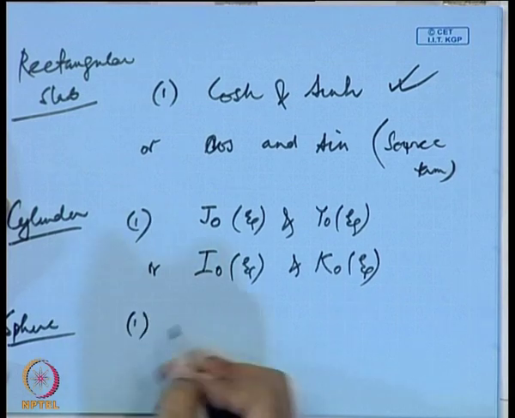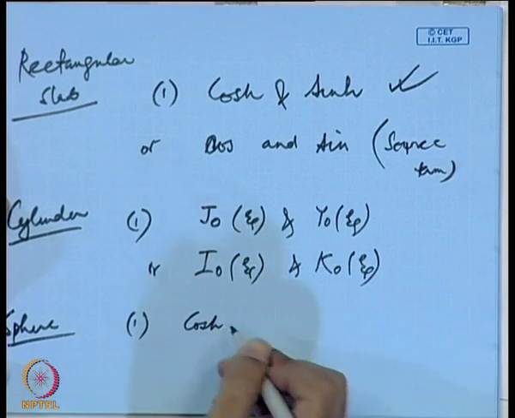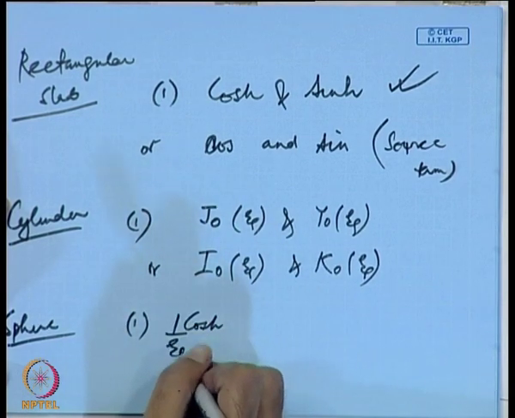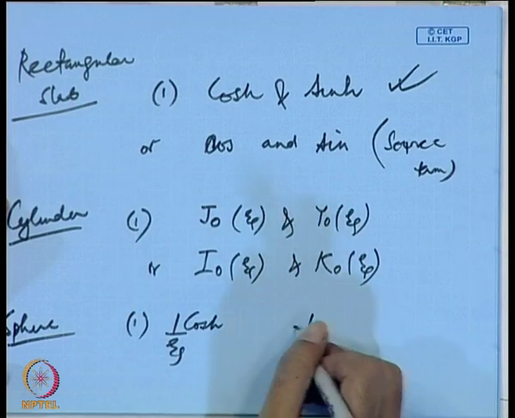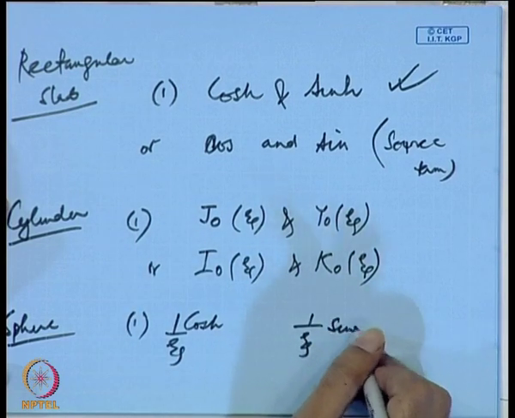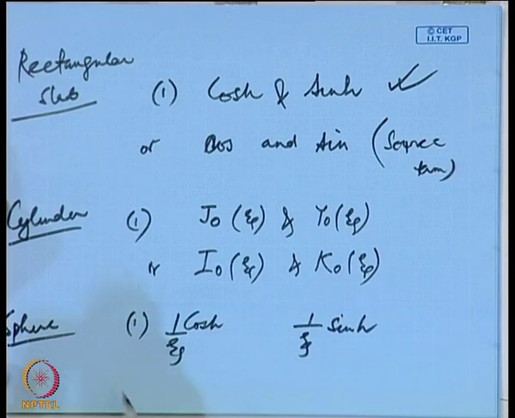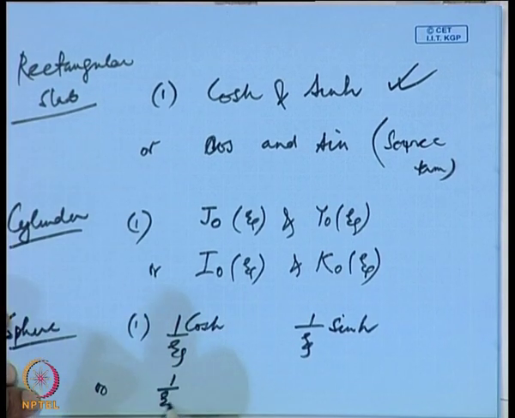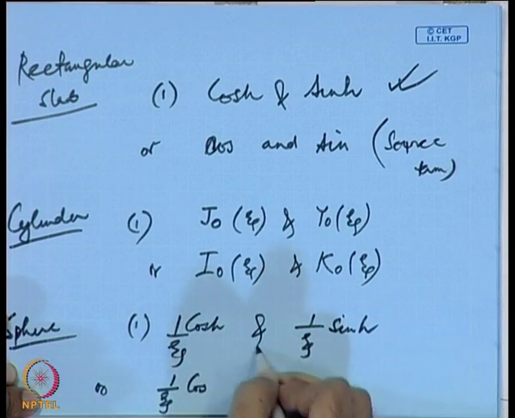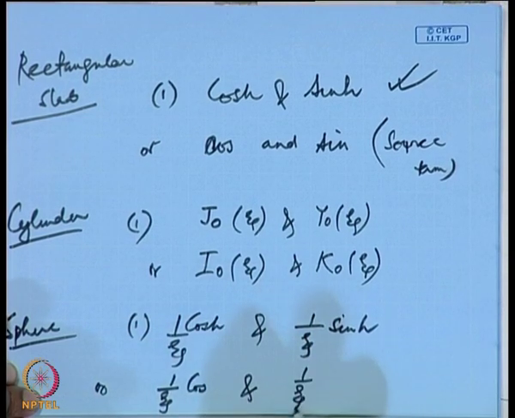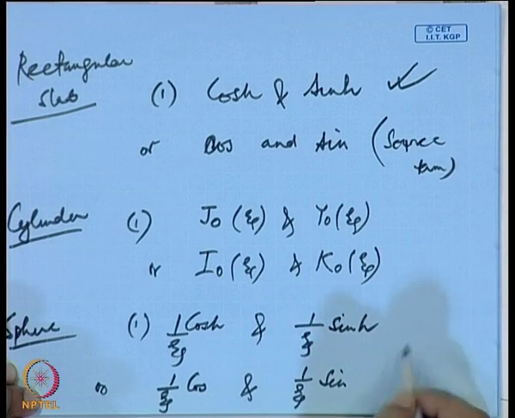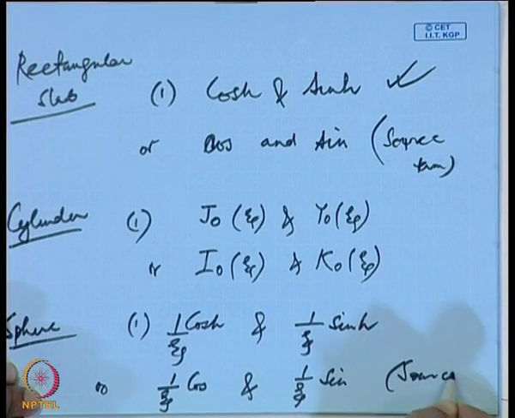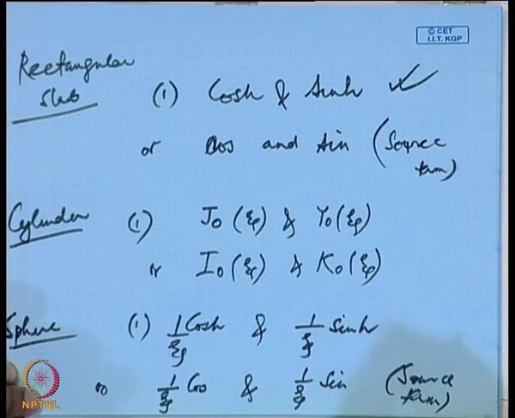The sphere would be 1 over psi cos hyperbolic and 1 over psi sin hyperbolic, or it would be 1 over psi cos and 1 over psi sin. This is for a source term, special case. Is that clear to all of you?